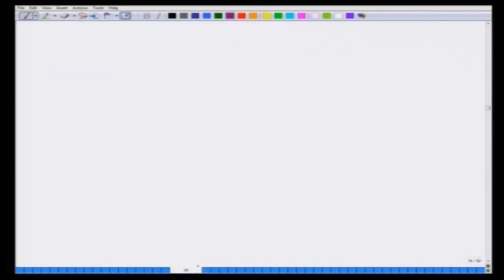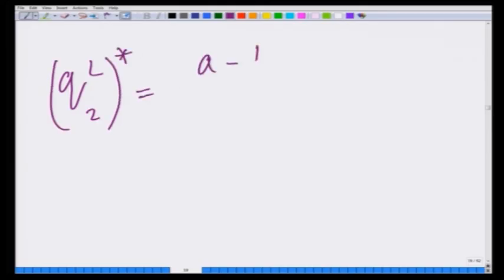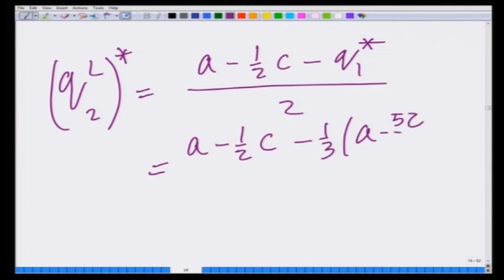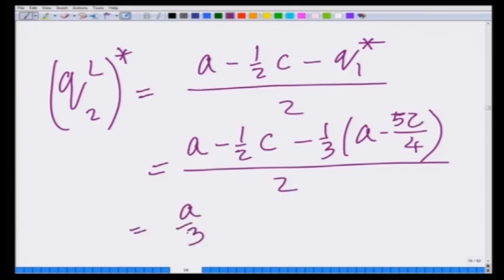So, Q2 L star equals (A minus half C minus Q1 star) divided by 2, which is (A minus half C minus 1/3 (A minus 5C by 4)) divided by 2, equals A by 3 minus C by 24.